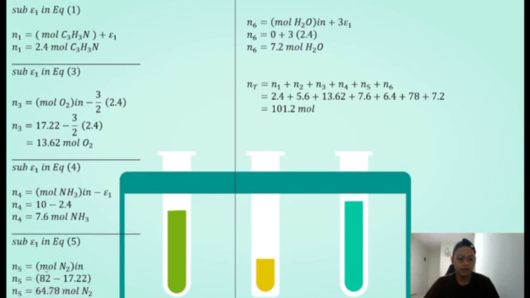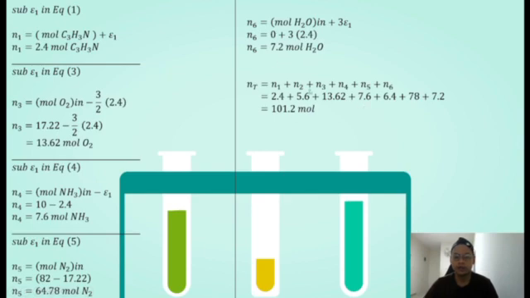N5 is equal to mol N2 in, so 82 minus 70.22. The answer for N5 is 64.78 mol N2. To find N6, N6 is equal to mol H2O in plus 3 divide extent 1, so 0 plus 3 divided by 2.4. N6 is equal to 7.2 mol H2O.